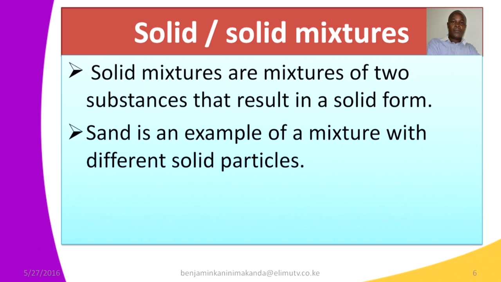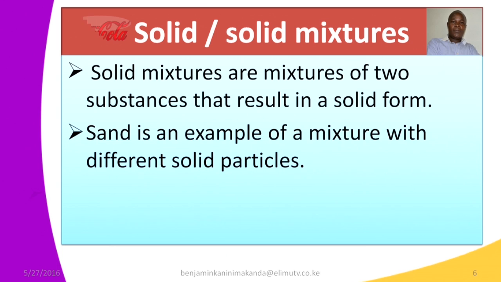If you take sand and mix it with maybe gravel, at the end of the day you will get a solid form. So these are mixtures which, when you have mixed them, still form a solid. A good example is sand. Sand is an example of a mixture with different solid particles.